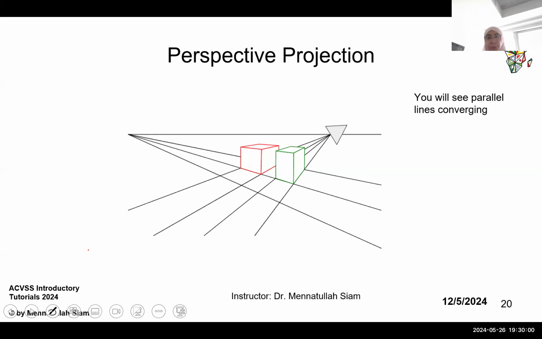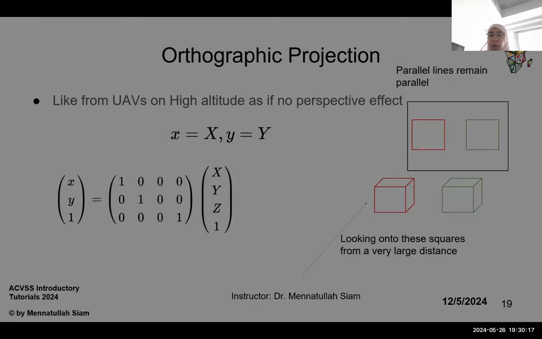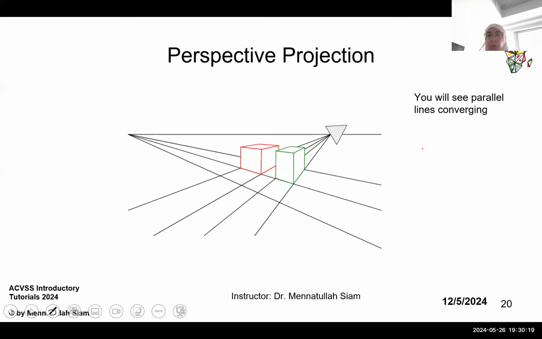Now, if I go for the perspective, this is where you will see the difference. Remember here in the orthographic, this line and this line are parallel. After the projection in 2D, these stay parallel as well. Now for the perspective projection, not necessarily. You will find that these lines start to seem like they are converging.